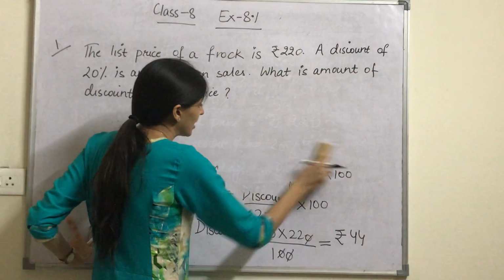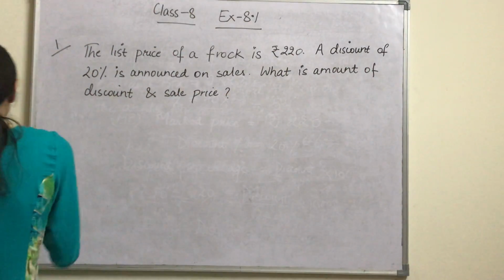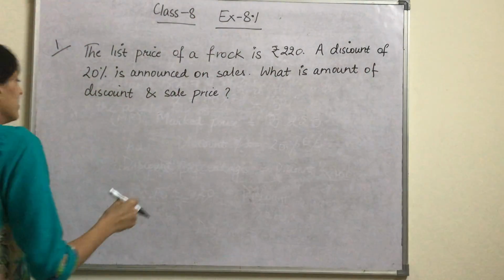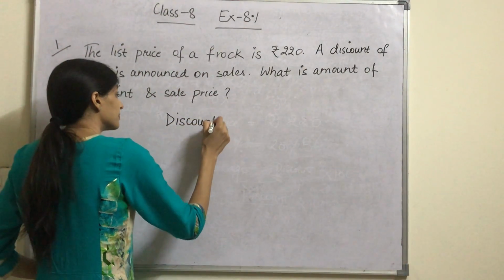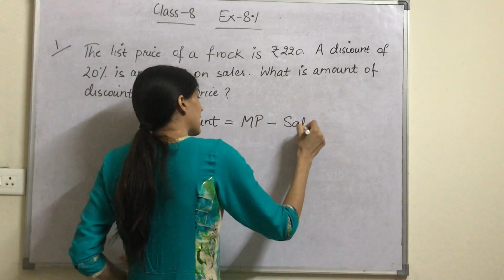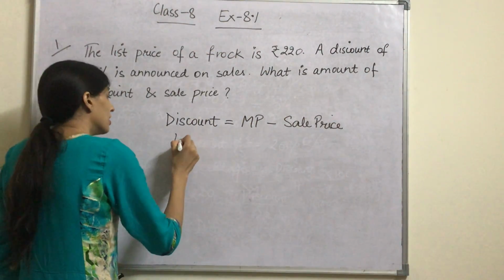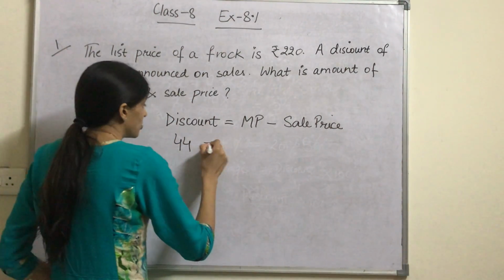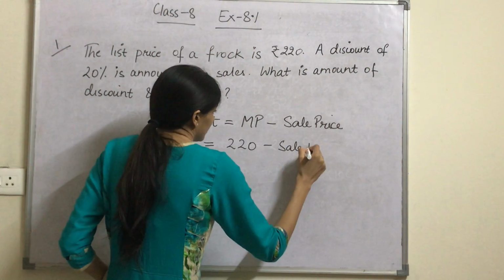Now, the next thing that we have to find out is the sale price. So, what is the formula for sale price? Discount is equal to mark price minus sale price. What is the discount? 44 rupees. What is the mark price? 220 minus sale price.